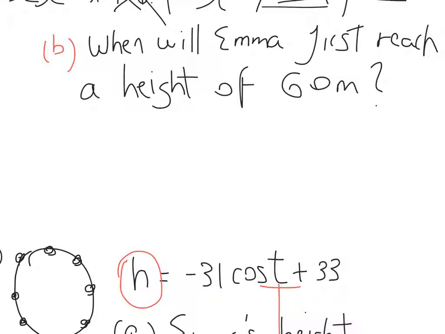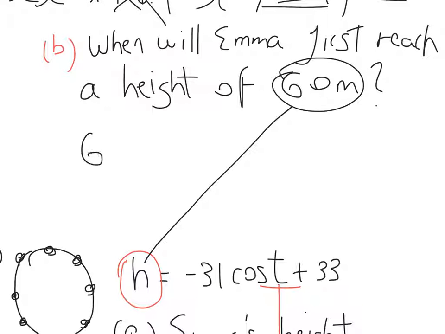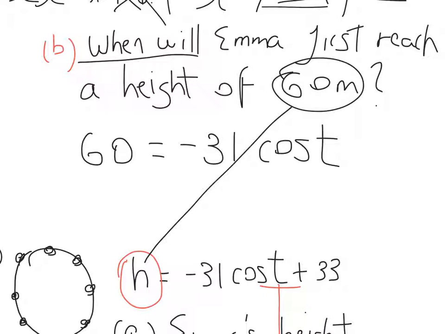So, if we know that the height is 60, then that's a substitution we can make. So 60 equals minus 31 cos t, and t is the time, and that's what we're looking for, plus 33. So it's just a straight substitution. Where I see a height, replace it with 60.